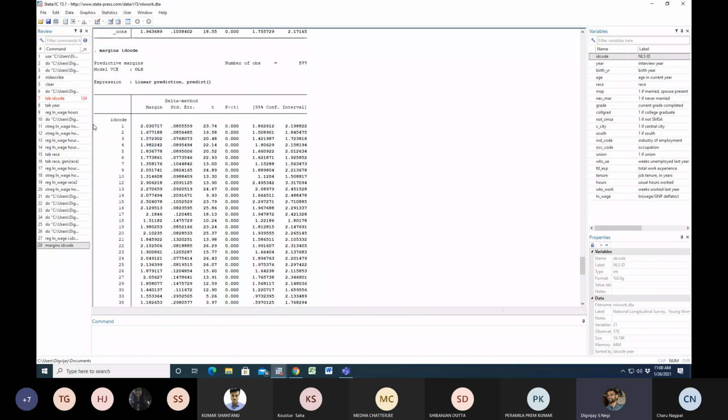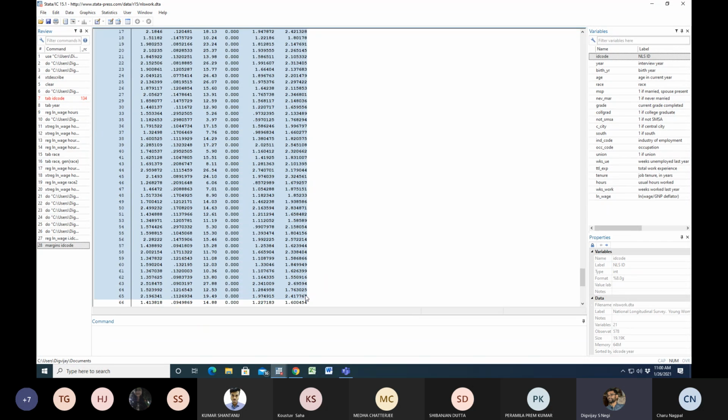So this is individual one's average wage, the intercept, the unconditional average, then individual 2, individual 3. All these individuals have different average wages, or different time-invariant fixed effects.